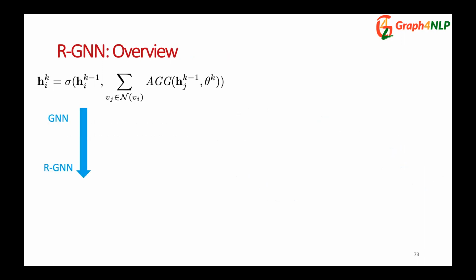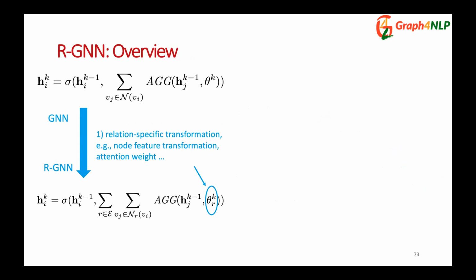Let's first talk about the first strategy, which is the relational GNN. The RGNN is the most common variant, which works like this. It has two features. One is to introduce a relation-specific transformation, as we can see from this equation. Here, W_r is the relation-specific transformation parameters, and r corresponds to the relation type.